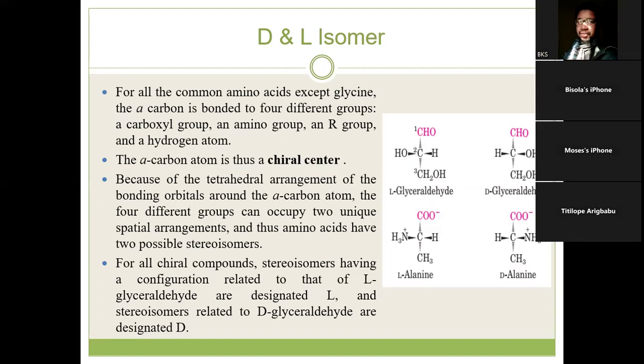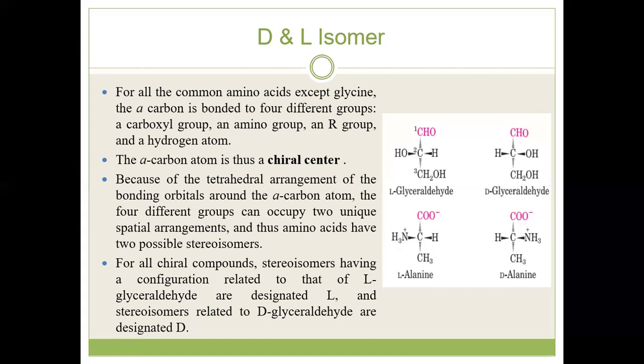And that carbon can have an arrangement around the center to produce 2 different isomers. These isomers were called enantiomers. They were called enantiomers, if you can remember our discussion about carbohydrate chemistry.